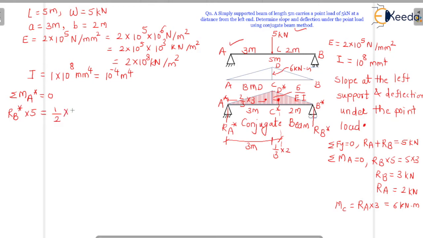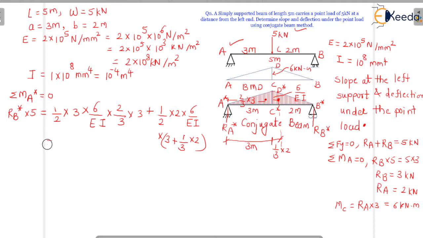Half into base into height is 6 by EI into CG distance, that is 2/3 of 3, plus area of other triangle, half into 2 into 6 by EI into CG distance is 3 plus, this whole 3 plus 1/3 of 2.